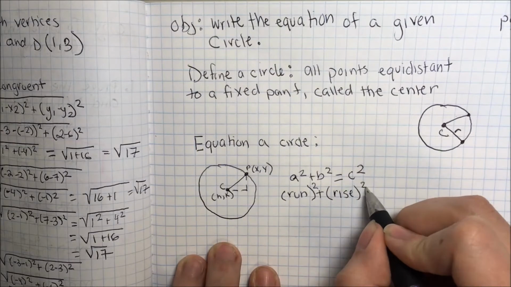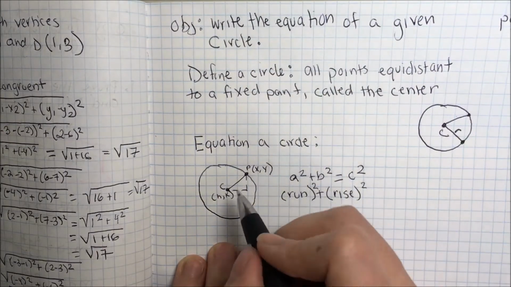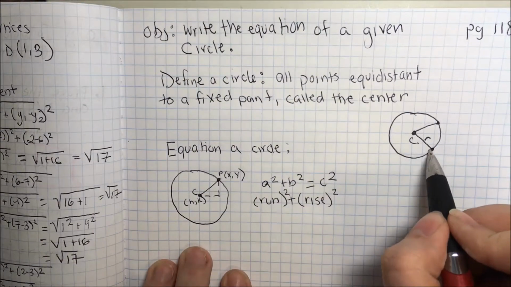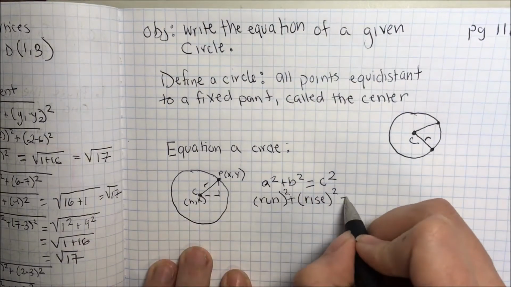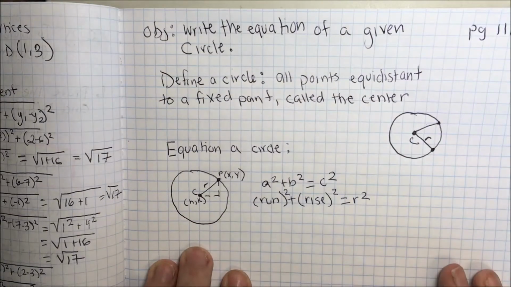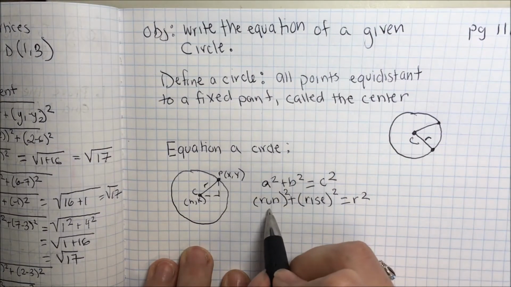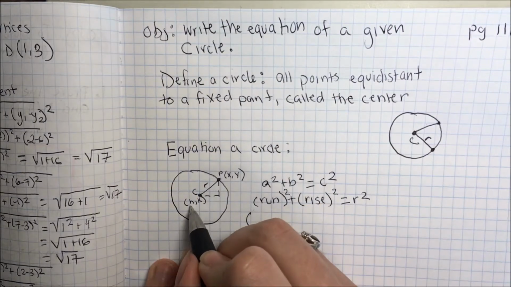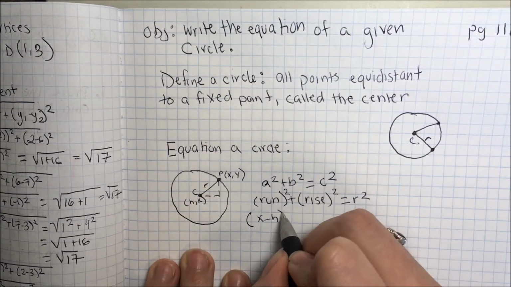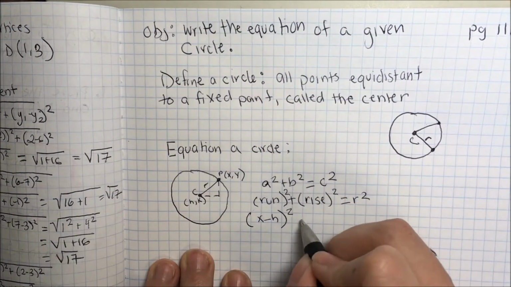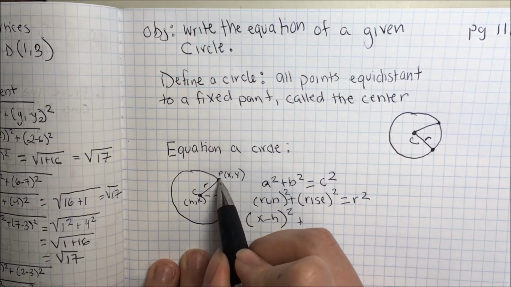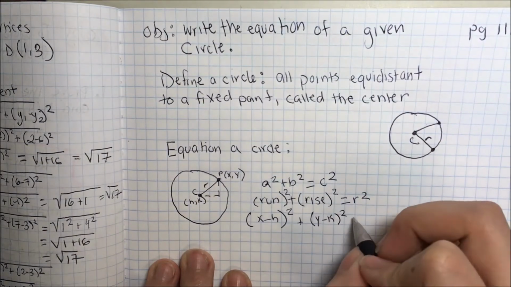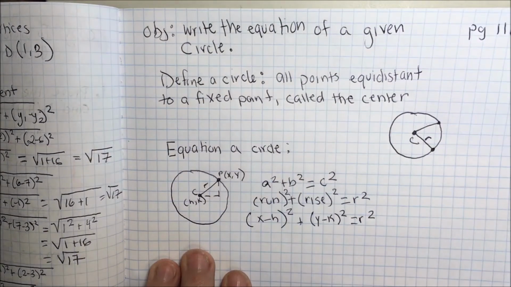And remember we set up here that the length to our fixed point is going to be our radius. So it's going to be radius squared. So our run is going to be x minus h squared, and then our rise is going to be y minus k squared equals r squared.